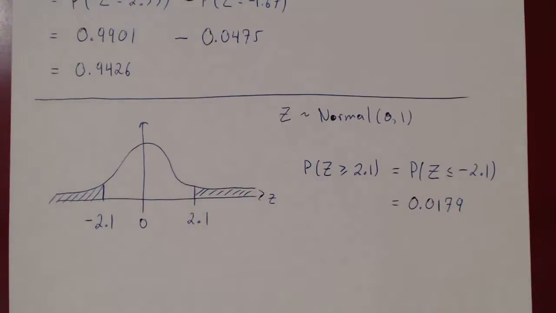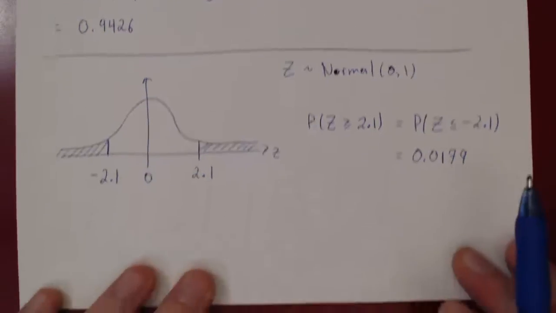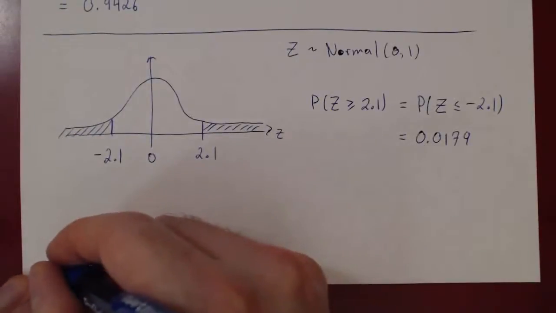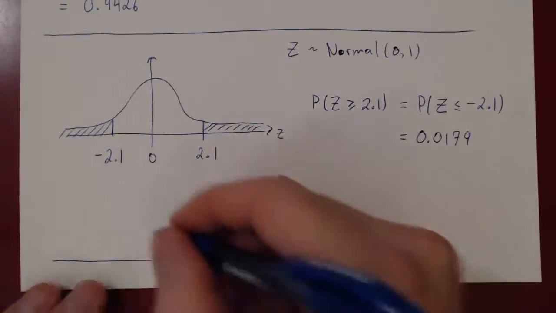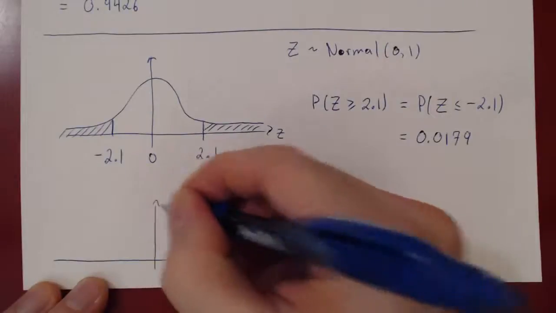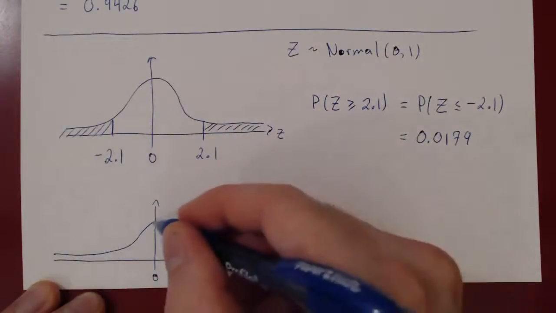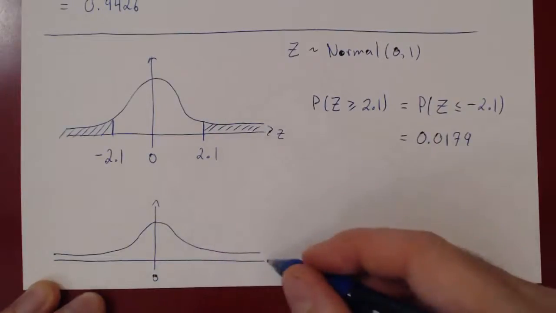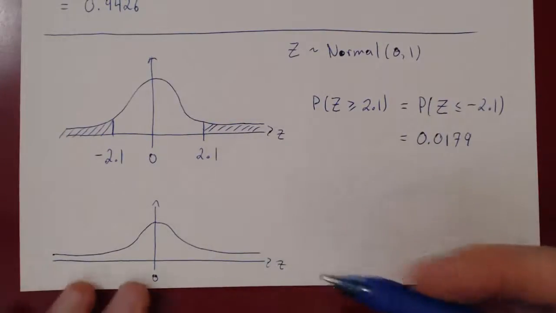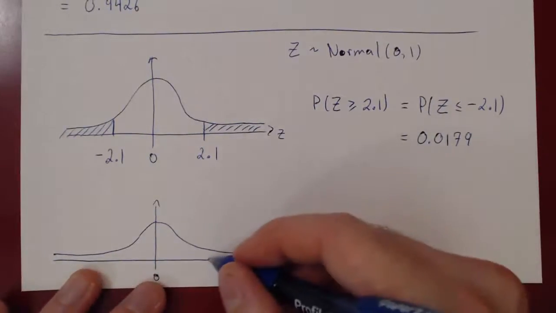What if we wanted to find this using a different approach? This, I think, is the simplest method, but we can also use a different result. Let's reproduce the picture of the standard normal distribution, and we wanted the area to the right of 2.1.